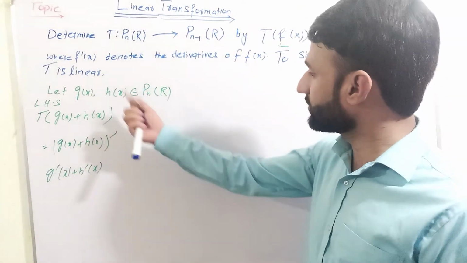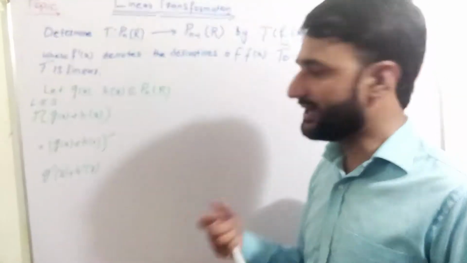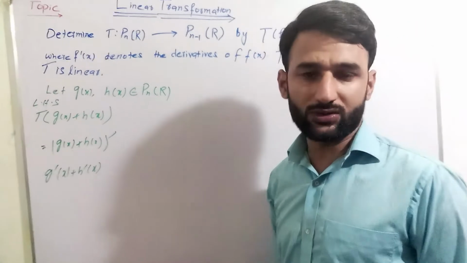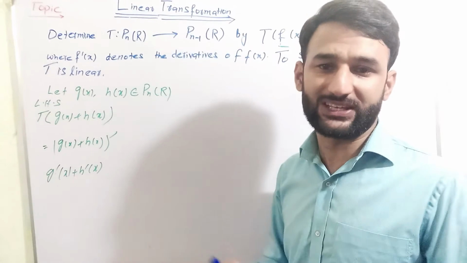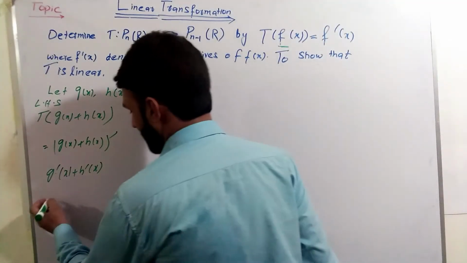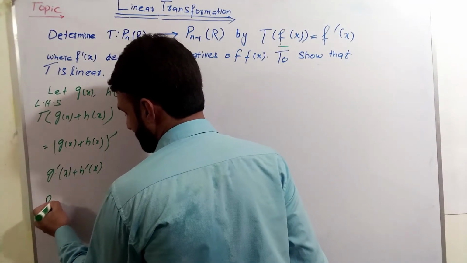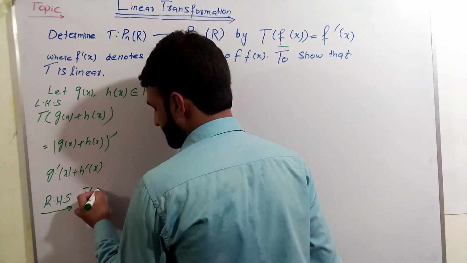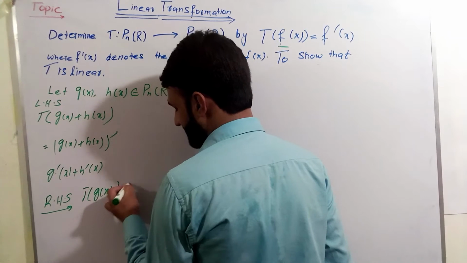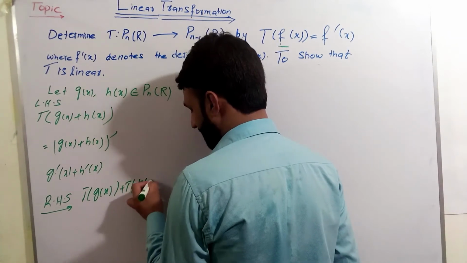Now we choose the right side of the expression and check whether the left side is equal to the right side or not. The right side is T of g of x plus T of h of x.